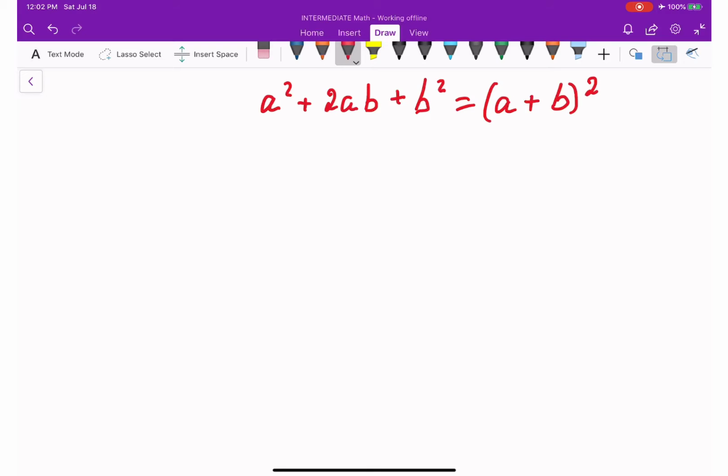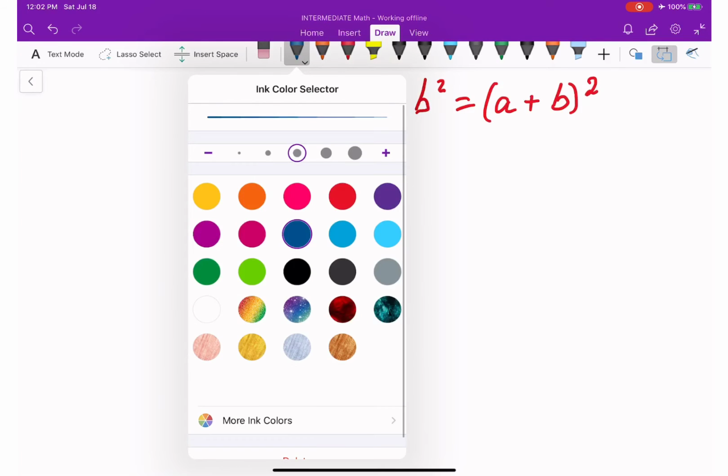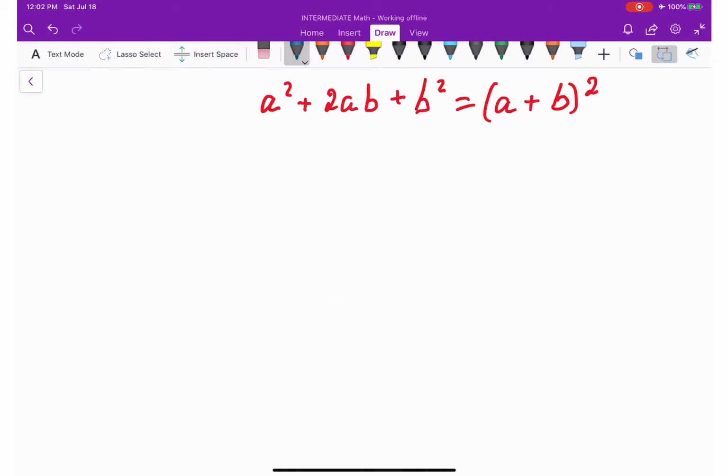Okay, there also can be a squared minus 2ab plus b squared, and that will be equal to a minus b squared. I hear you might as well be asking, why a squared, b squared, why only there is minus?